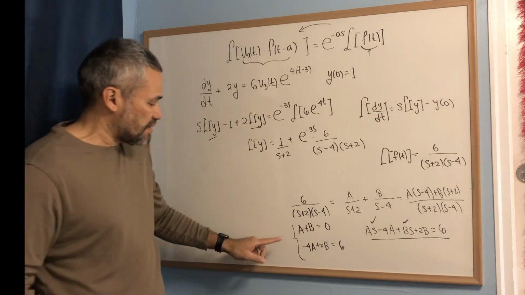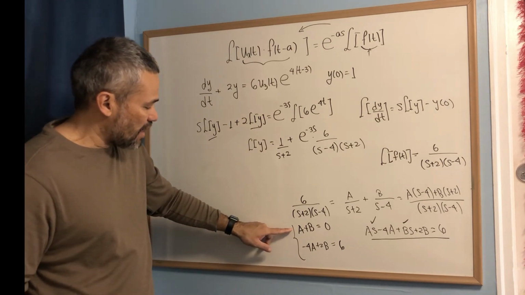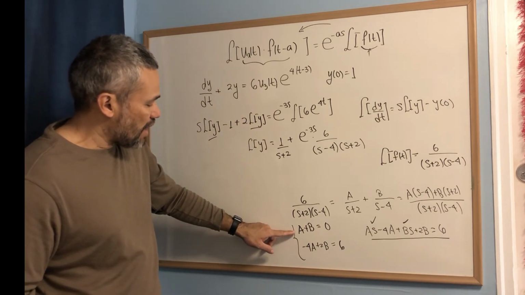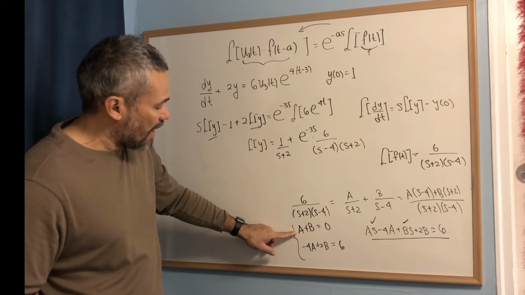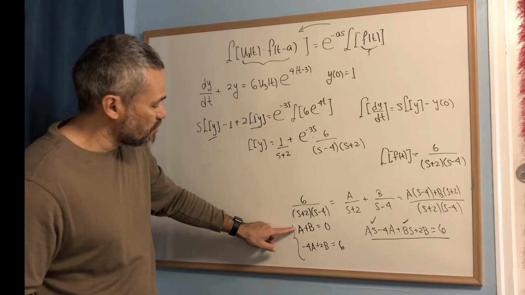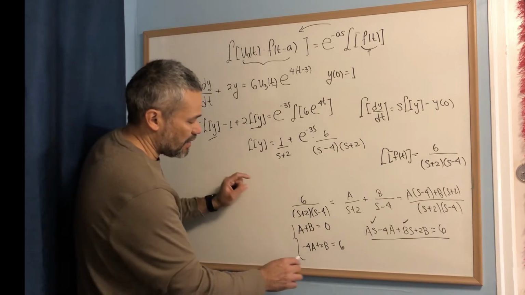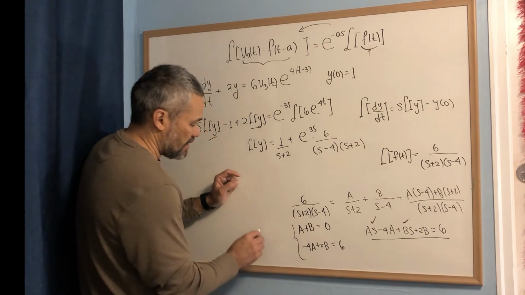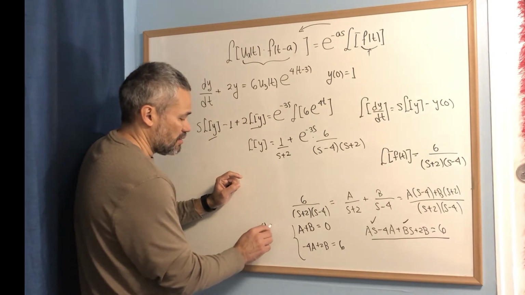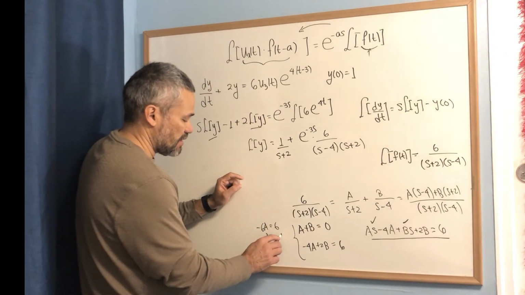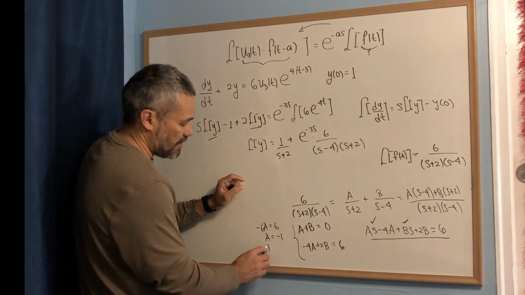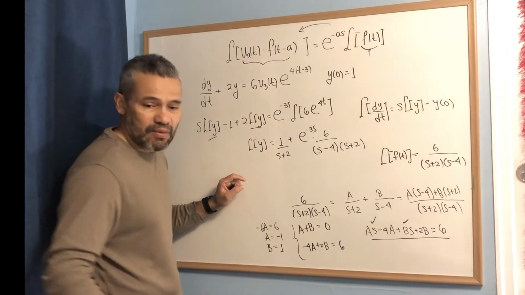We can solve this system. We can just multiply this by negative 2 and add. If we multiply by negative 2 and add, then we get that negative 6a is equal to 6, and that means that a is negative 1. And from here we get that b should be equal to 1.